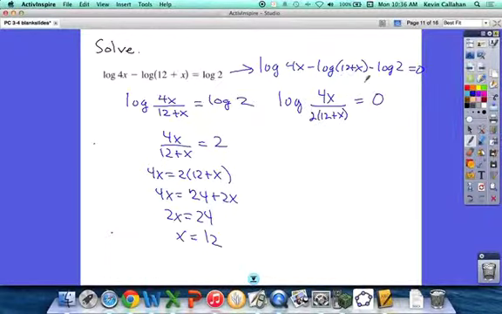So it'll be 10 to the 0 equals 4x over 2 times 12 plus x. But what is 10 to the 0? That's 1. So we have 1 equals 4x over 24 plus 2x. And then when you multiply both sides by 24 plus 2x, you get back to the same old thing.